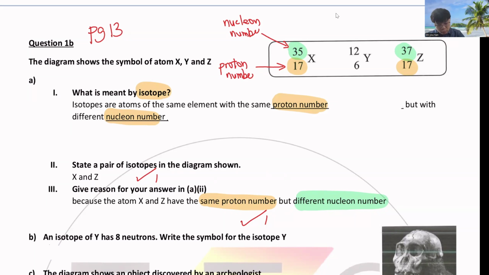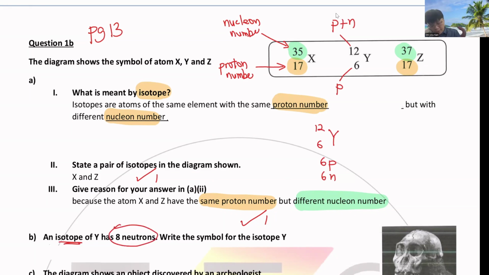One more type of question is this. You need to know how to analyze this. See, this 6 is proton. This is proton plus neutron. So you see Y, 12 and 6. It has 6 proton. 12 minus 6 is 6 neutron. Now they ask you, for another isotope, we have 8 neutron.